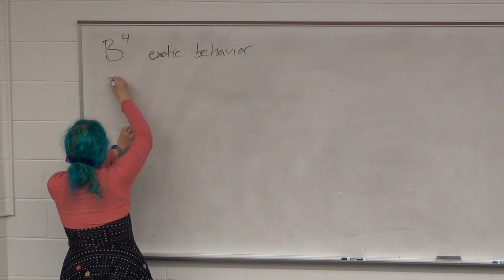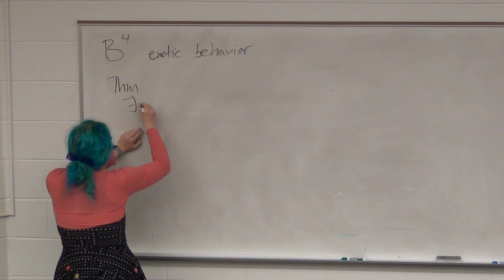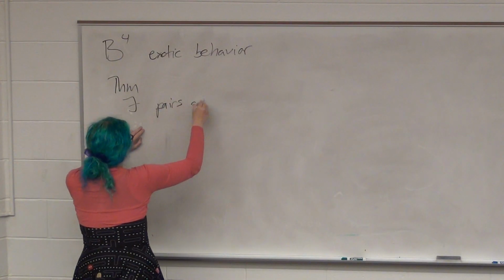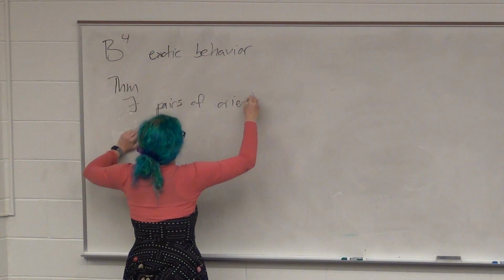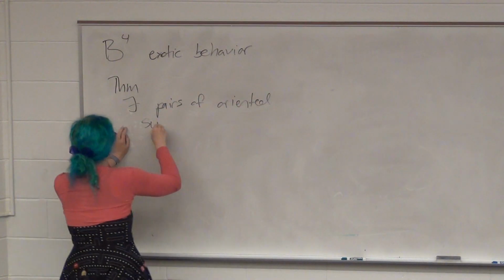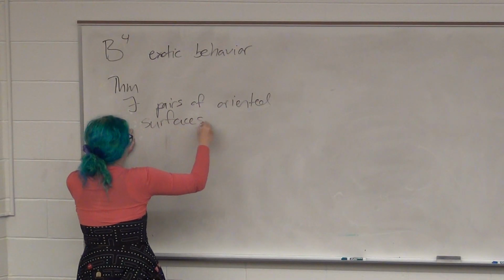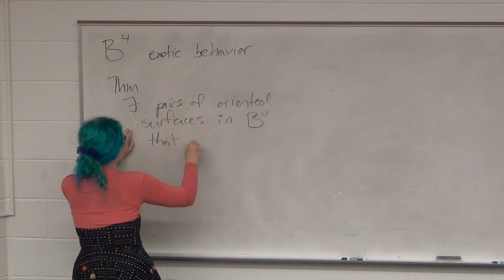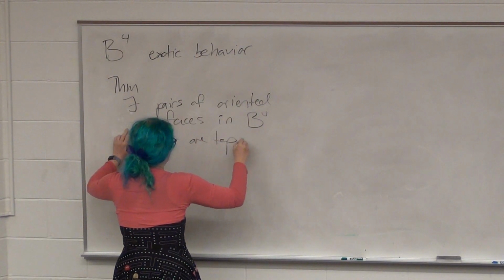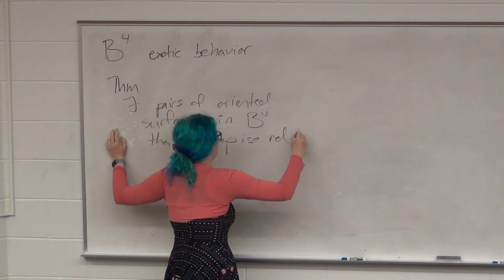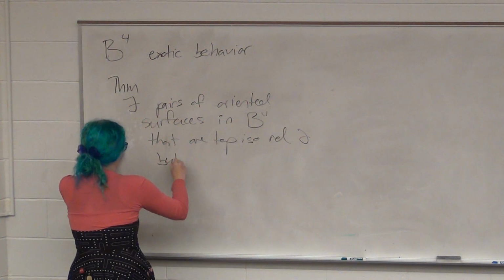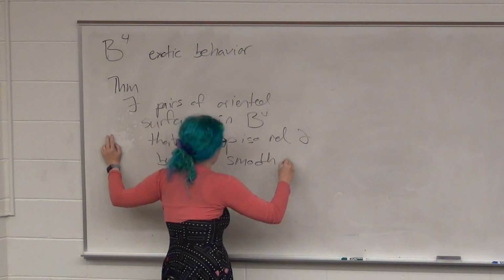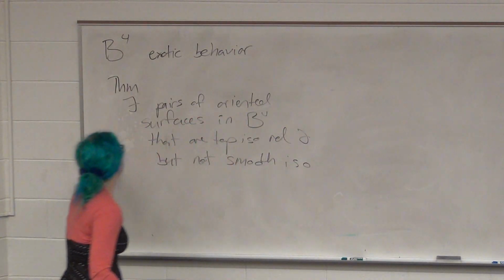So theorem: there exist pairs of oriented surfaces in B4 that are topologically isotopic, let's say rel boundary, but not even smoothly equivalent. I'll just say not smoothly isotopic. Okay.